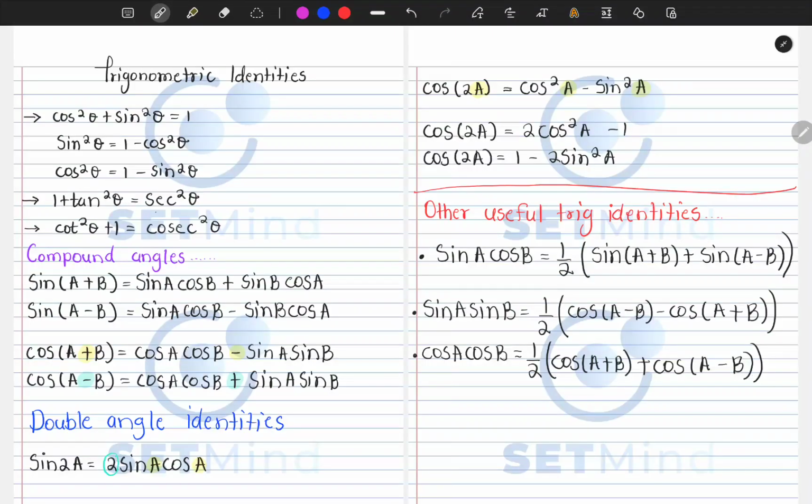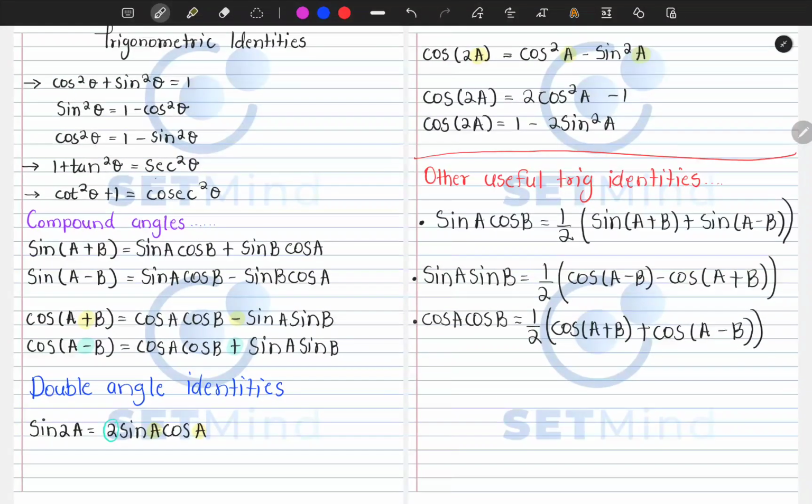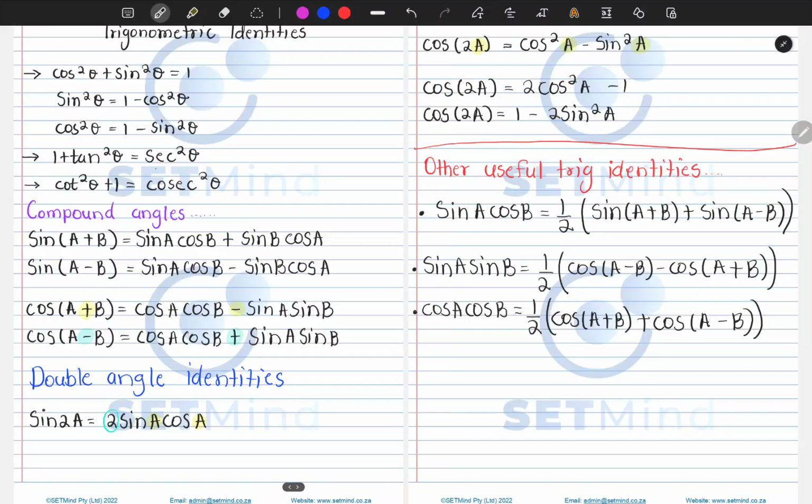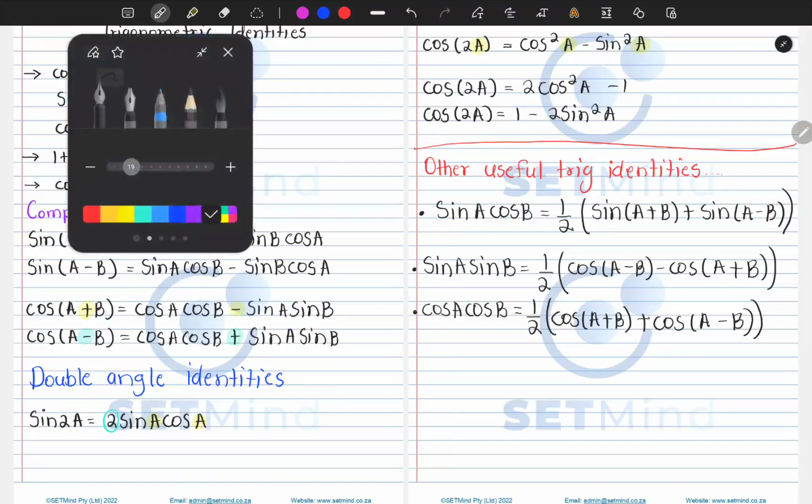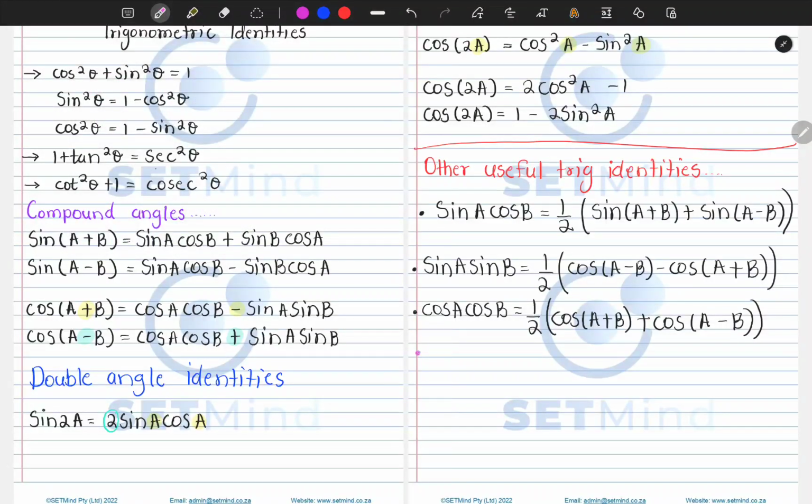So that product can be made a sum. Very important. Then we have others also, which we need to make sure that we know, where instead of having a product of two trig ratios, we have either the sum or the difference.